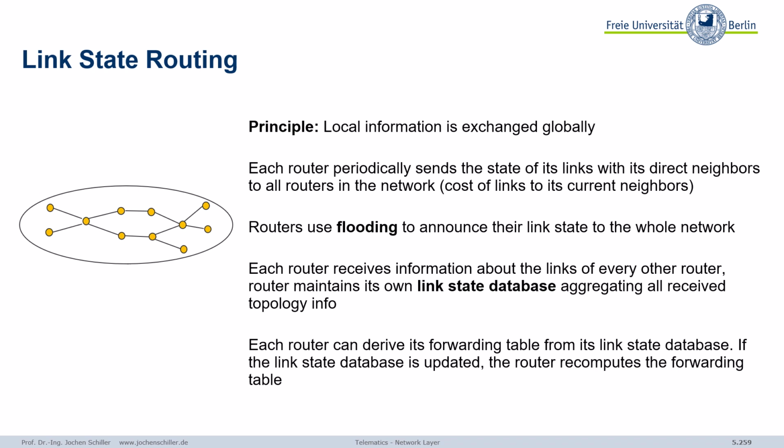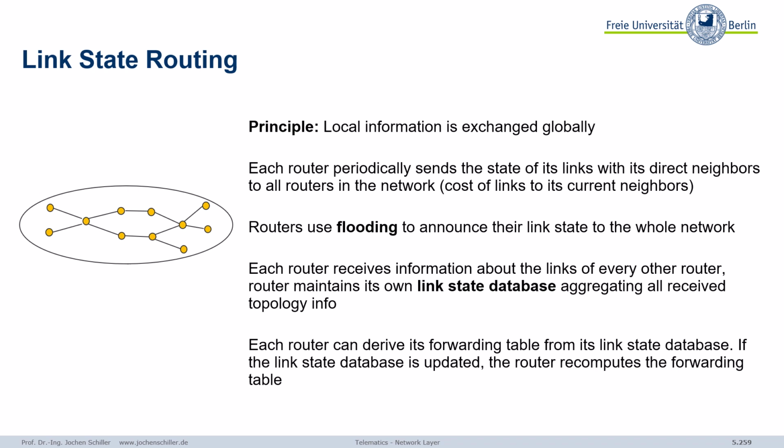Doesn't work. So flooding is used here, and the routers receive the information about the links of all the other routers, and then you start building up your own so-called link state database. You aggregate all the topology, and in the end, you try to get a global view of the network.